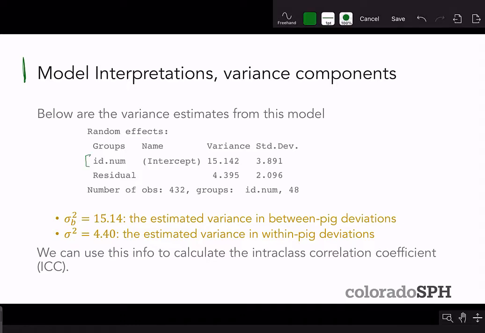The first row is the variance of the random intercept, which can be interpreted as the estimated variance in between-pig deviations, or the between-subject variance. The second row gives the residual variance, that's the measurement error variance, or the within-subject variance. And we can see in this case the variance between pigs is higher than the variance within pigs.